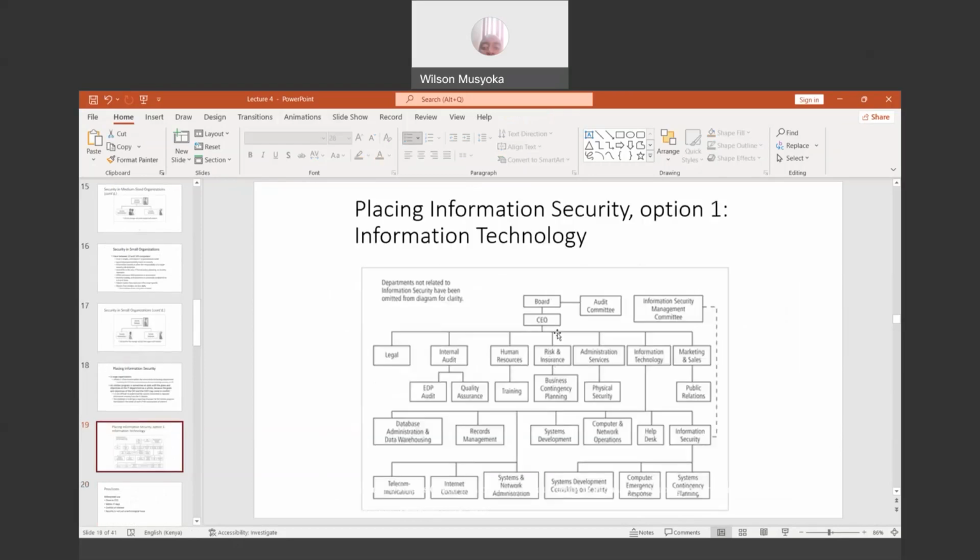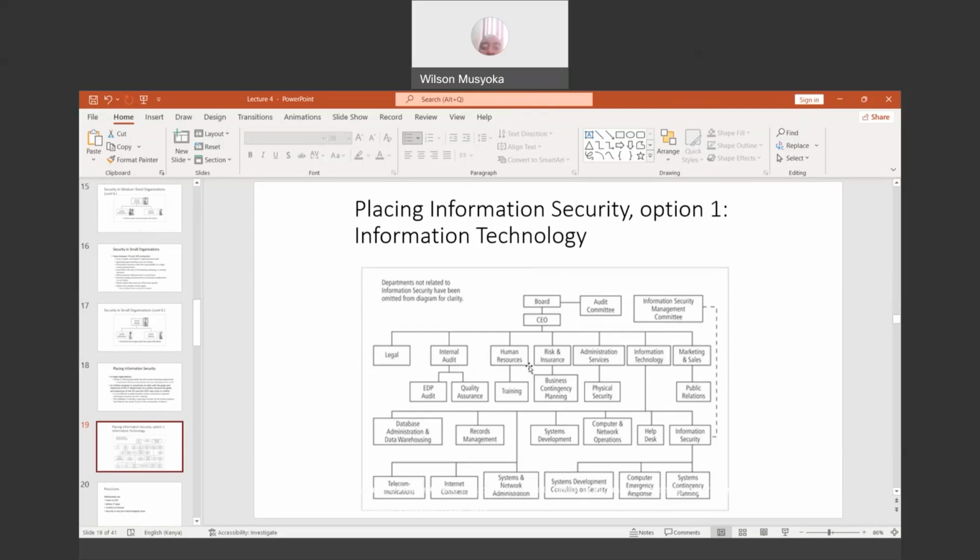The CEO, and then the audit committee, then the information security management committee at the top there. But they also have the legal department, internal audit, and human resources. All of these are people who sit at the board.